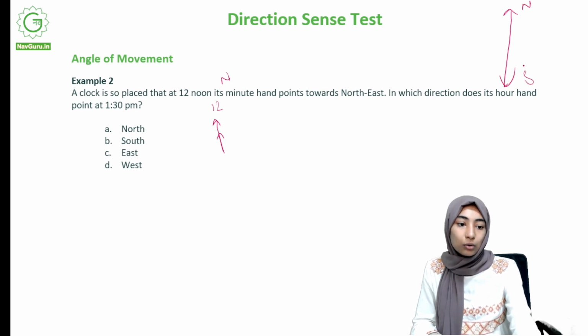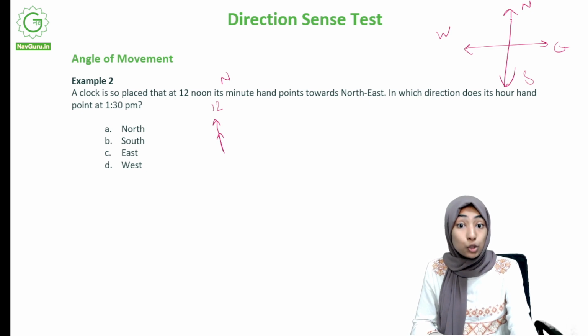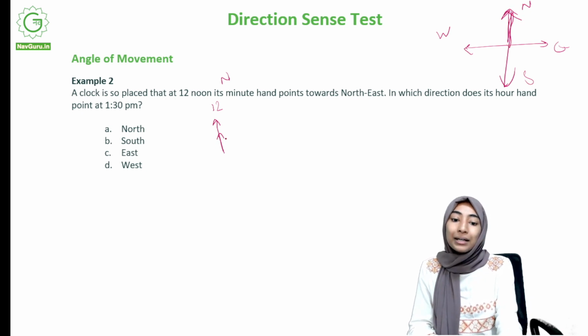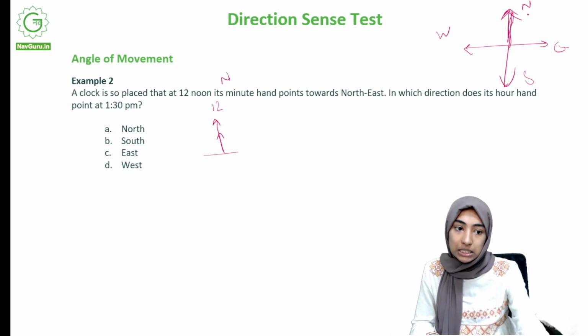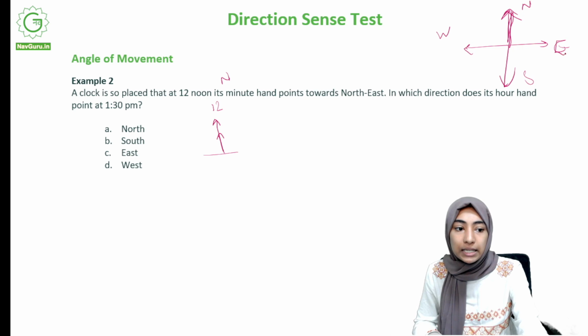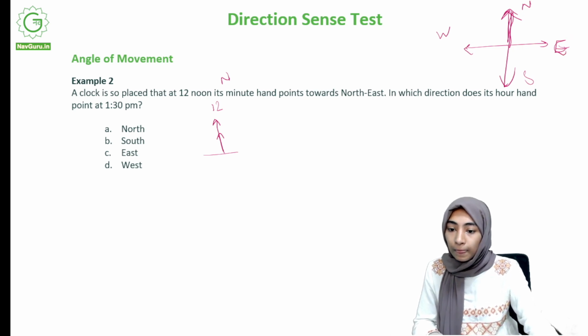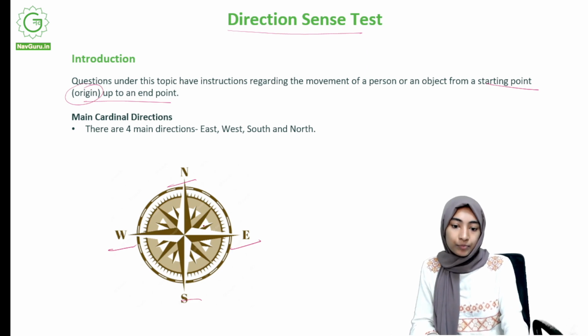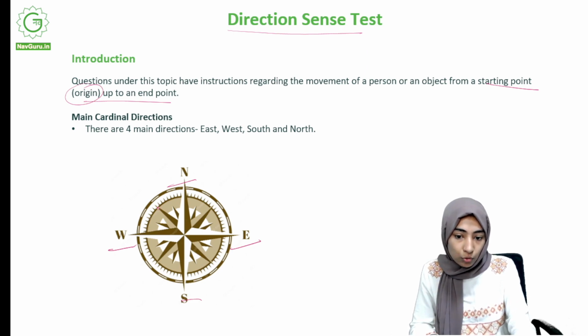I'll just draw these directions again. North, south, east, west. At 12 noon, where does it usually point? It points towards north. But here, in a special case, we are saying that it points towards northeast. Where is northeast? I'll just show the figure under cardinal directions again. You see these other four spikes which seem big but not as big as these four spikes.